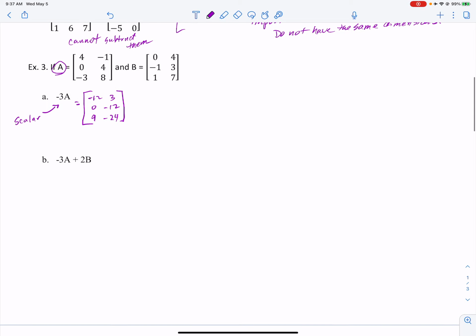So in part B, we are going to have scalar multiplication for both the A and the B, and then finish up by adding. So we already, in part A, did a -3 times A, so we'll just bring that value down. And to that now we are going to add matrix B, but it is times the scalar 2. So we need to take each element in B times 2.